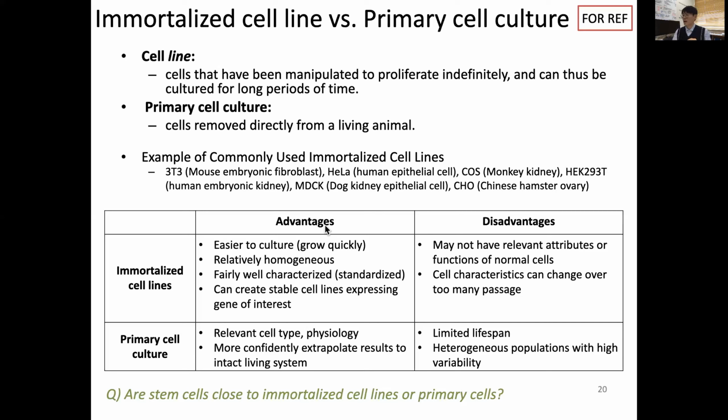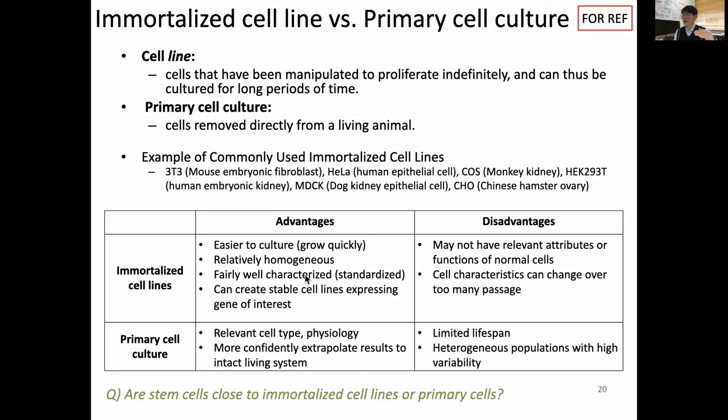So let me show a table which compares immortalized cell lines and primary cell cultures. The advantage of immortalized cell lines is that they're easier to culture because those cell lines are already transformed, which means they have already adapted themselves to a well-controlled plastic petri dish environment. So they grow quickly, and they are relatively homogeneous, and fairly well characterized and standardized, so that we can even compare with others.